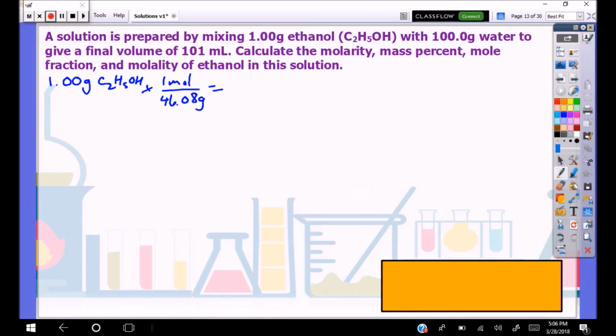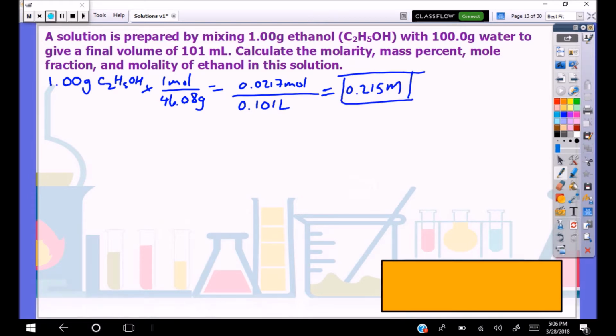It's the molar mass. We end up getting 0.0217 moles, and we need to divide it by the total volume. So the total volume of our solution is 101 milliliters, which is the same as 0.101 liters. When I calculate that, I end up getting a concentration of 0.215 molar, capital M. All right. That one's not too bad.